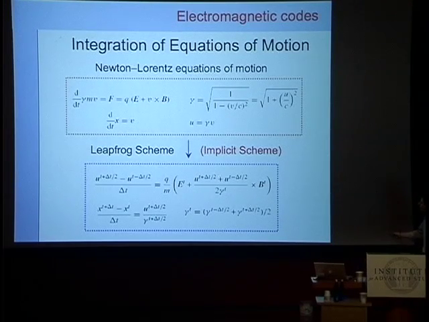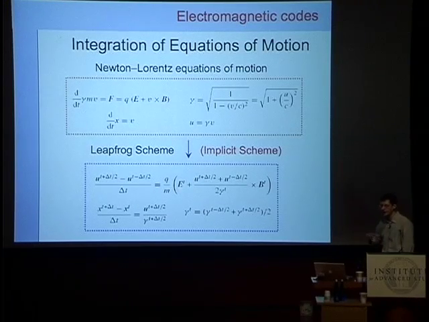And if you just naively say that this velocity is just the sum of the forward step and the backward step divided by gamma, then you find that this is an implicit equation, right? So there is u at t plus delta t over 2 on the left-hand side and the same u on the right-hand side.